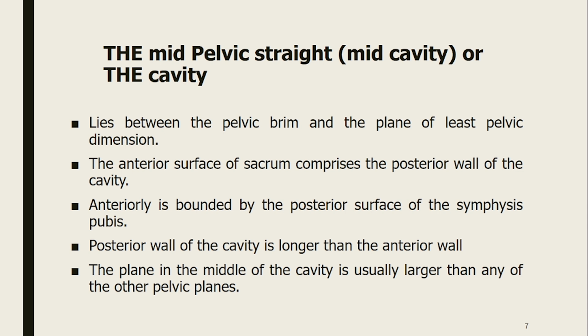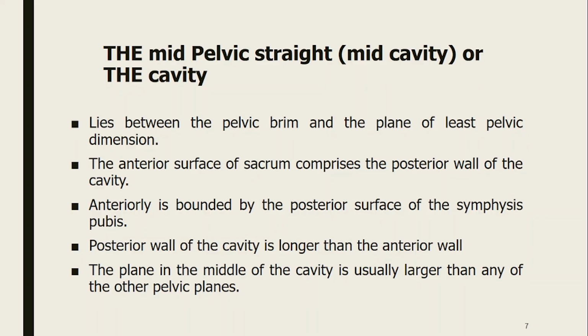The posterior wall of the cavity is longer than the anterior wall. You can imagine the length of the sacrum compared to the length of the pubic symphysis, so that is why the posterior wall is longer.